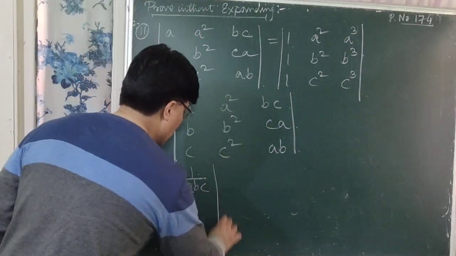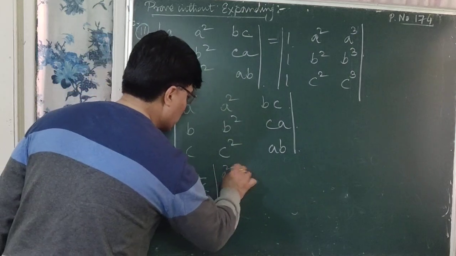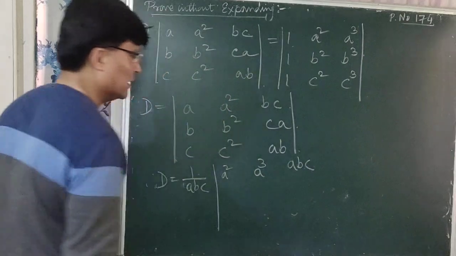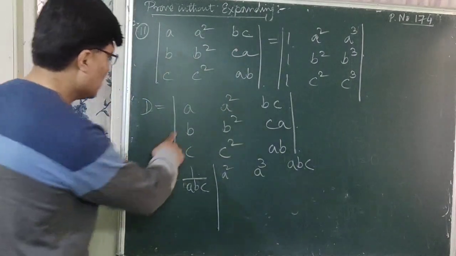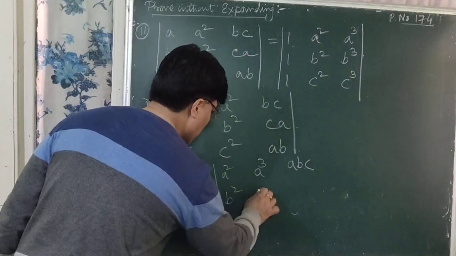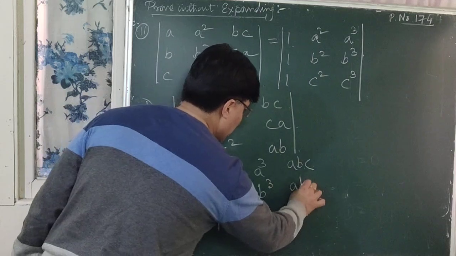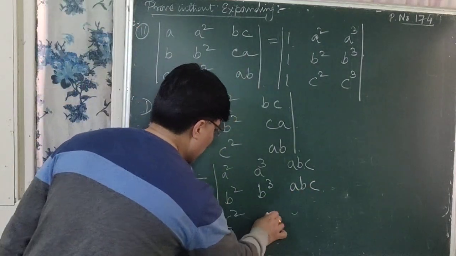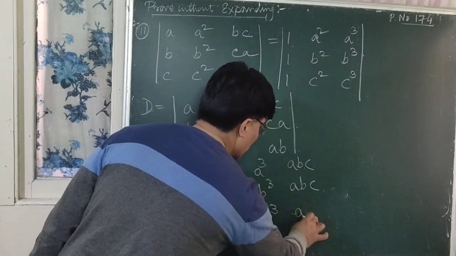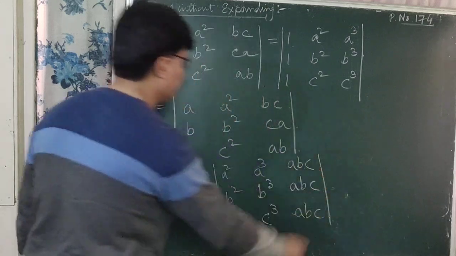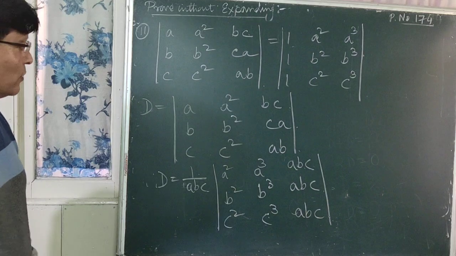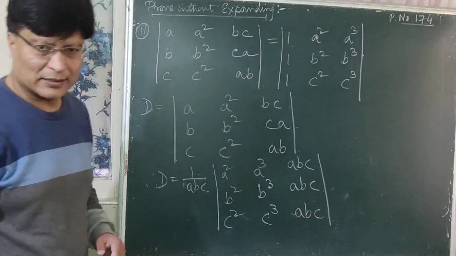So now, what is the first row? A square, a cube, and this one is ABC. Is that clear? Next, b square, b cube, ABC. Next one, this becomes c square, c cube, and this one is ABC. I think you are getting my point, isn't it?